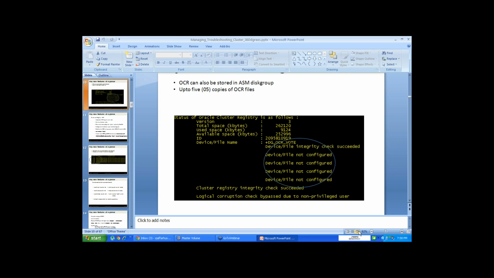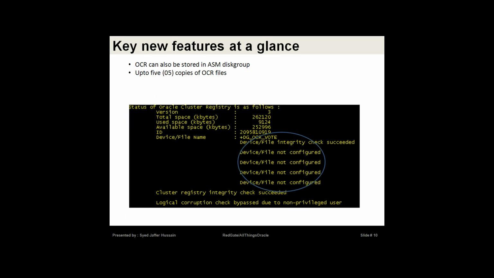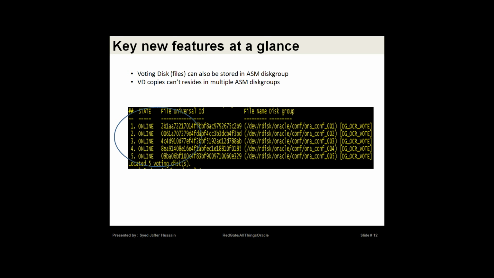That's correct. Yes. This is crsctl query css votedisk. I have given this example when you have issues with the voting disk. This is the information that it produces. Great. Thank you.